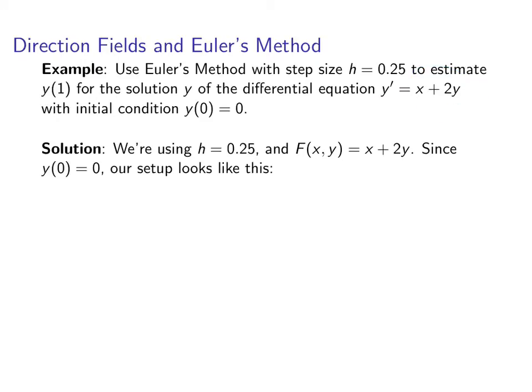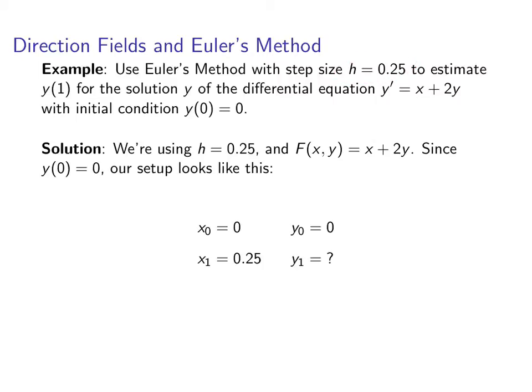Now y of 0 is equal to 0, so let's take a look at what our setup looks like. Now x naught is equal to 0 and y naught is equal to 0. That comes from our initial condition. x1 is 0.25, so to get to the next x value, we just add the step size. Remember that we started with step size 0.25.